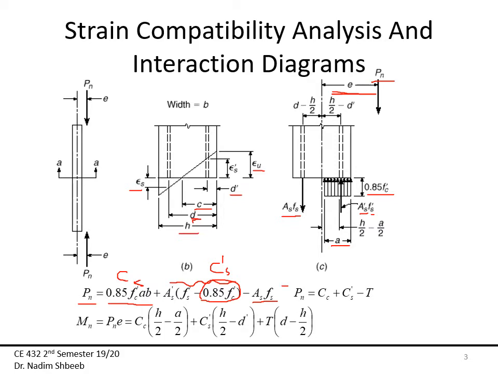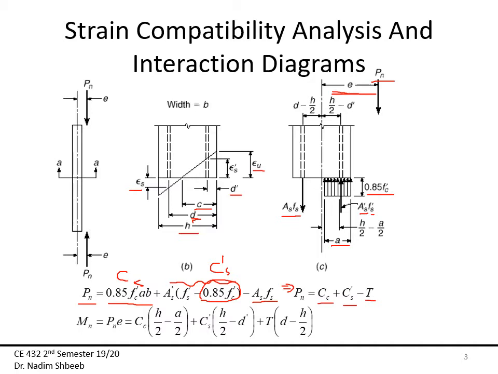So in other words, I'm saying that my nominal force inside the column is attributed to the force in concrete, plus the force in the compressive steel, minus the tension developed in the tensile steel.